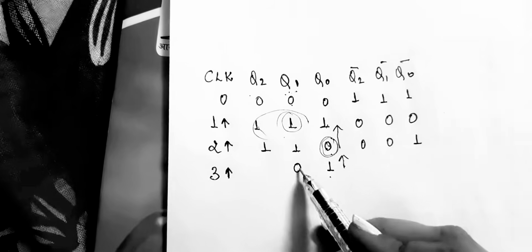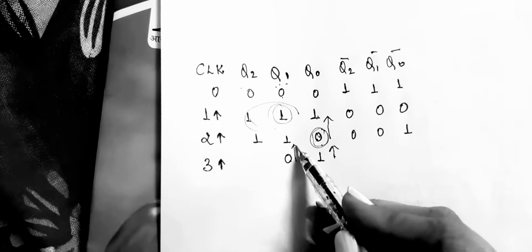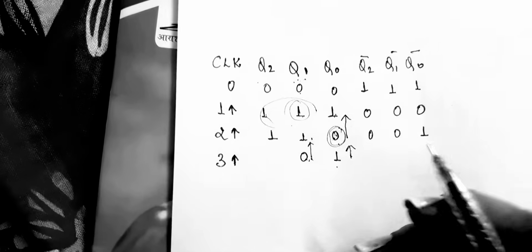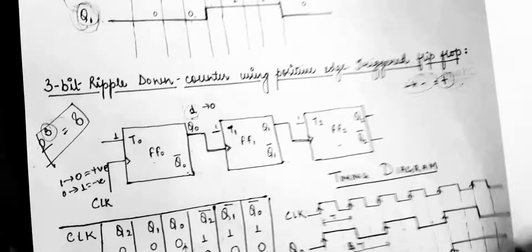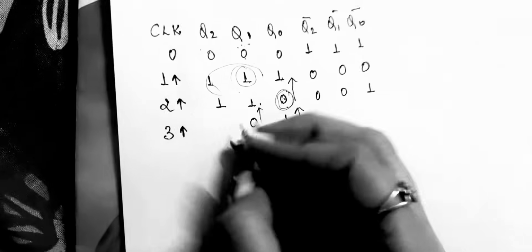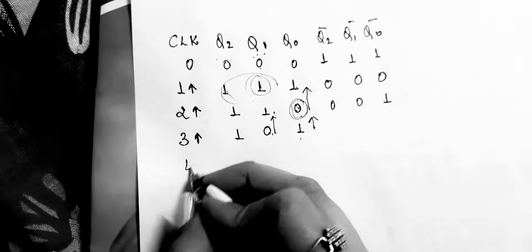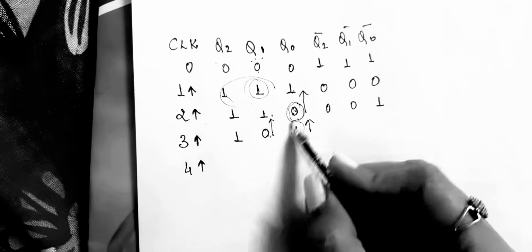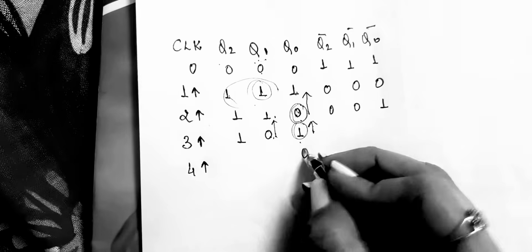Then the transition is from 0 to 1, which means negative edge. This is a positive edge triggered flip-flop, and we are getting a negative edge, so your output remains the same, that is 1. Clear? Now for the fourth pulse, your output at Q0 will become 0.